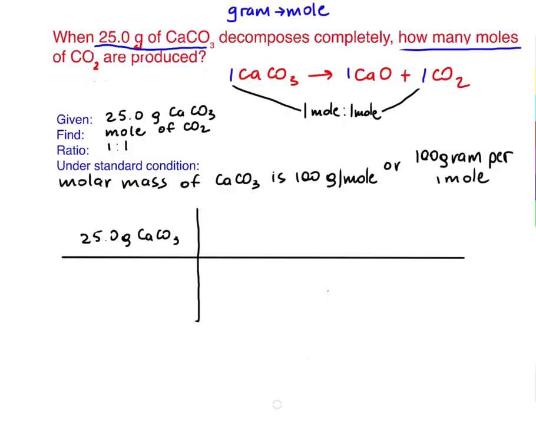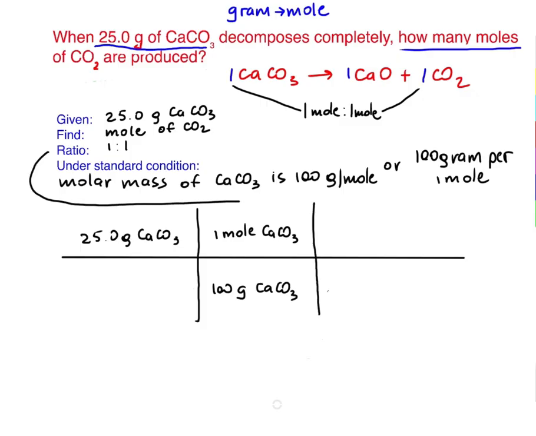Under the standard condition, there is 100 gram of calcium carbonate per 1 mole. You write 1 mole on top and 100 gram on the bottom. Why we write in this specific order, I will explain in a minute, but we need that for canceling the units.